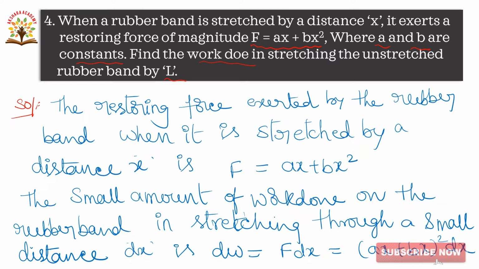Here we are taking F = ax + bx². Substituting F, we get (ax + bx²) dx.